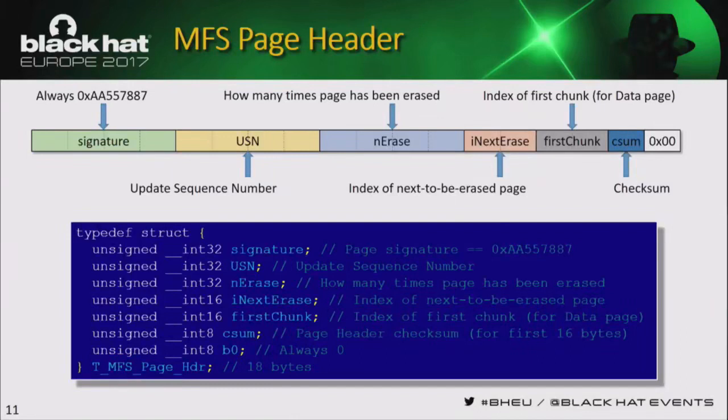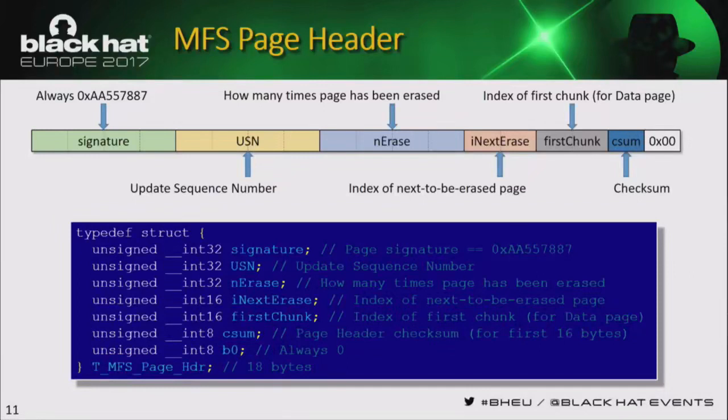This is a sequential number. When you erase some page and write a new header for it, you just increment the largest USN by 1. So every page on the storage has its own USN value. And using this value, you could find in which order pages were erased.